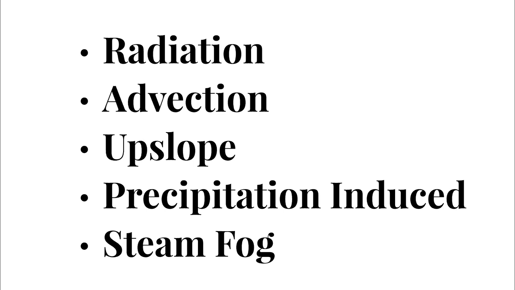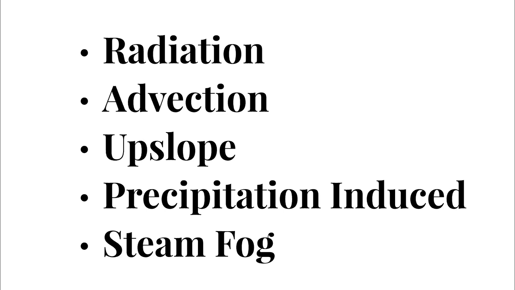Advection fog is a little bit more intricate. So what happens is you have an area that is warmer, and so it creates a warm air mass. And then that warm air gets moved by the wind or whatever toward an area that has cooler surface temperatures.